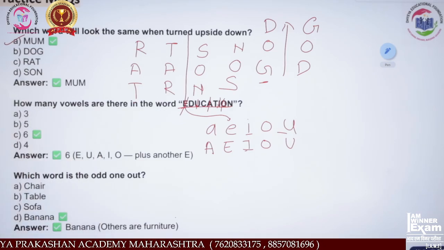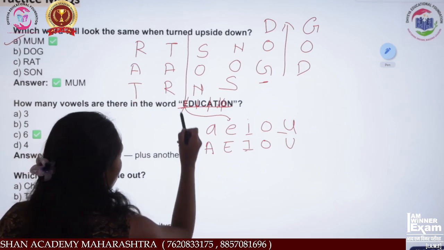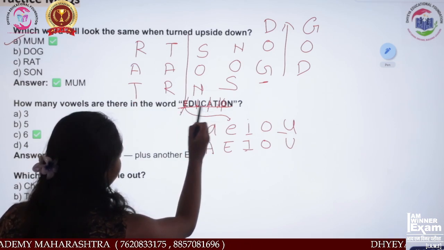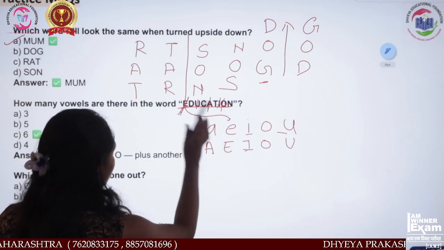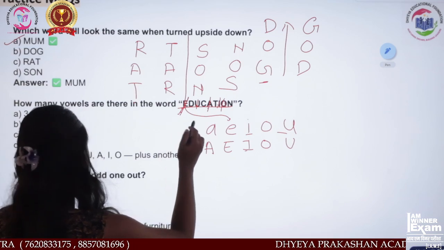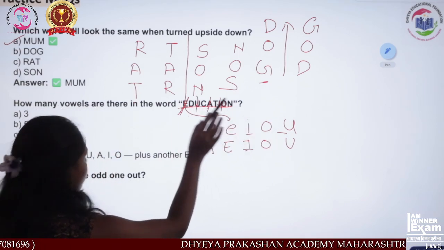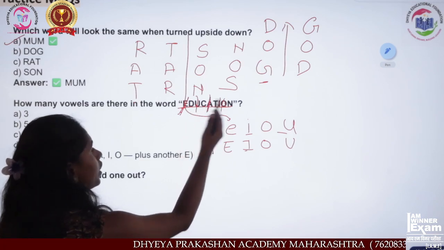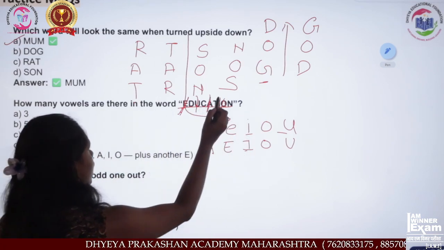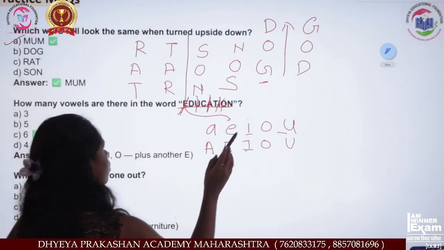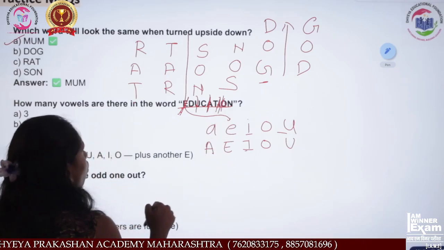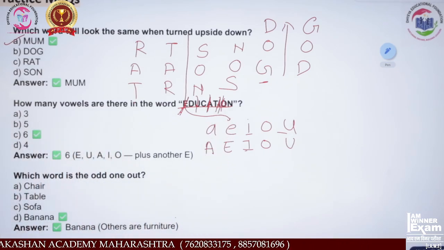Okay. So let's count again. 1, 2, 3. E is a vowel. Okay. Then U is also a vowel. Then A is also a vowel. And then I is also a vowel, and this O is also a vowel.